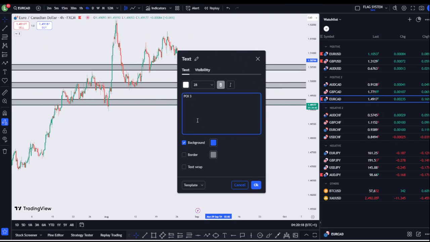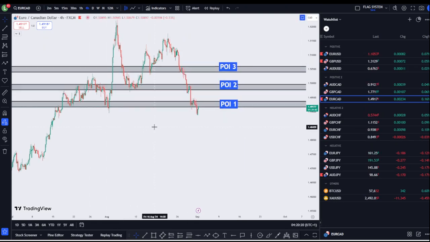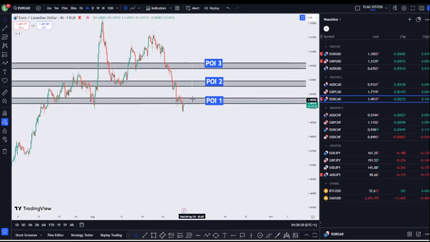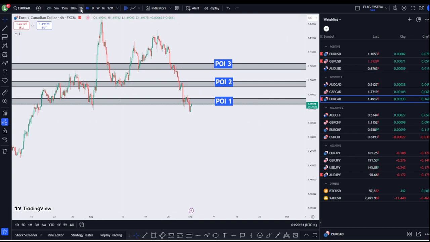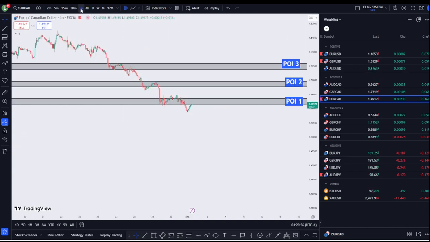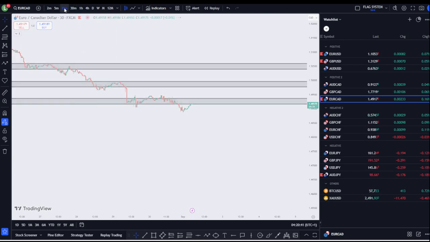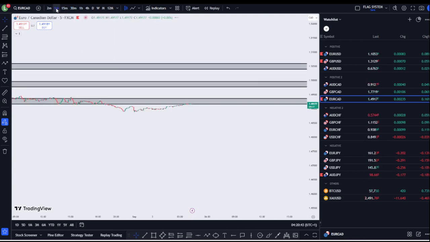As you all know, our entry system, how we execute our trade ideas, is by using reversal candlestick patterns. If we are selling the market at this resistance zone, what we have to watch out for on our lower time frame depends on the time frame. Sometimes we use 1 hour for entry, 30 minutes, 15 minutes, or 5 minutes for entry.